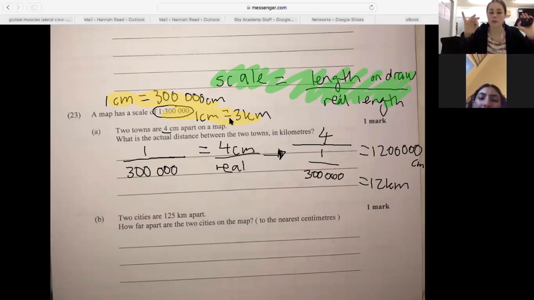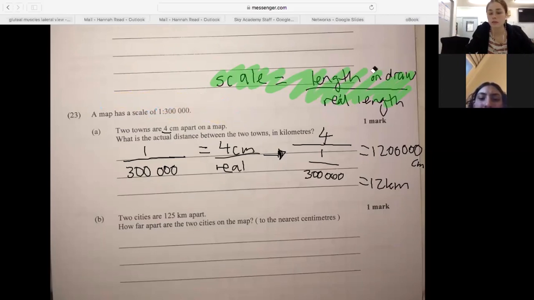The formula or just... I feel like the green. Okay, cool. Did you write down the formula? Yeah. Cool. And if they give you these two, the length on the drawing and the real length, then you could figure out the scale, and vice versa.